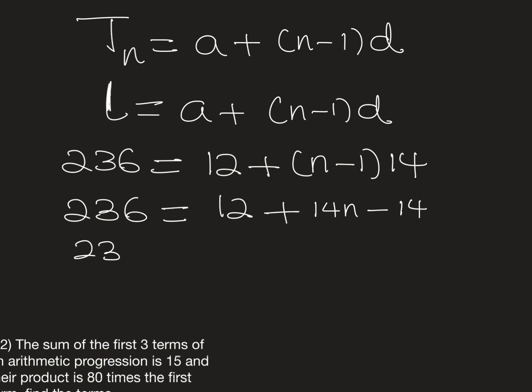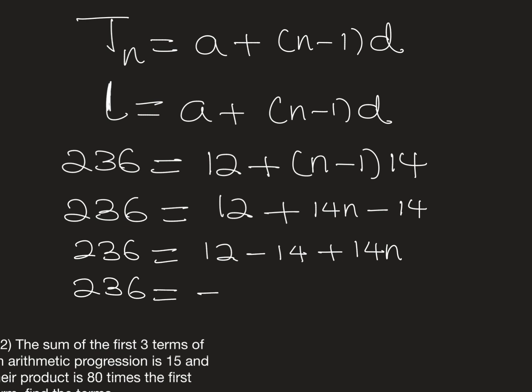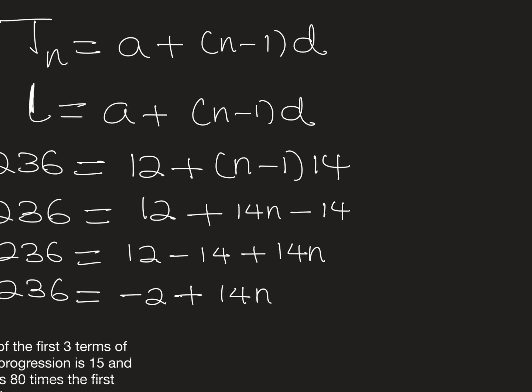So we'll have 236 is equal to 12 minus 14 plus 14n. So that will be 236 is equal to 12 minus 14, which is minus 2, plus 14n.